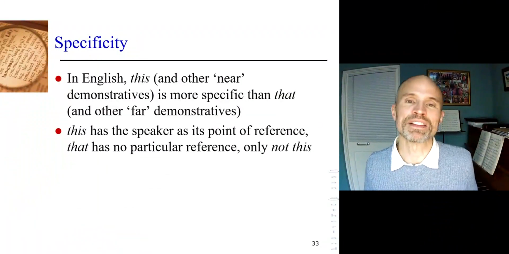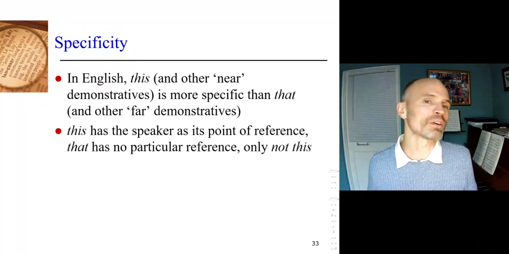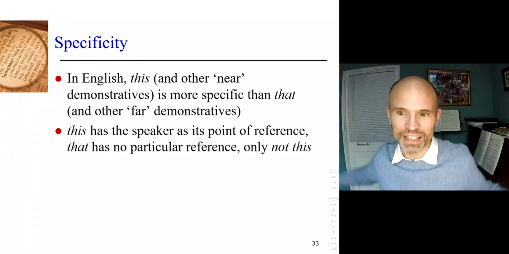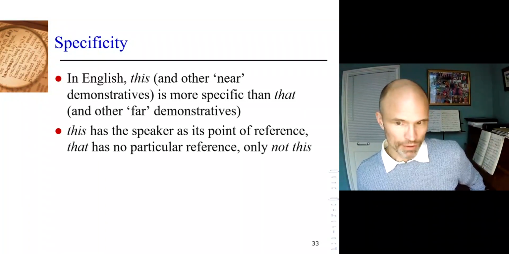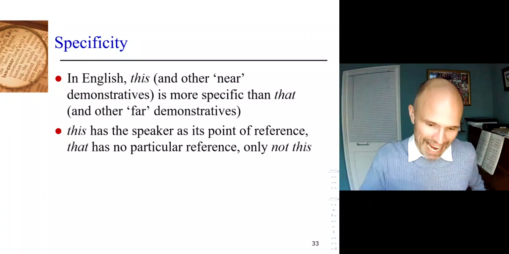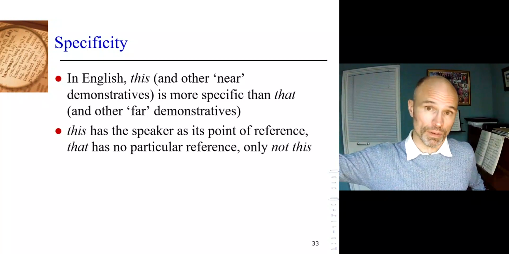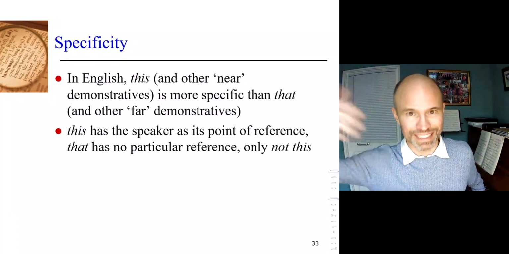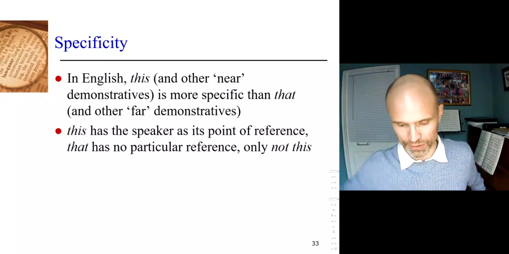So in other words, we can say that this is more specific because this means near me, whereas that only means not near me, but it could be anywhere else, right? And other near ones, so these, now, here, are all more specific than their counterparts that are more distant, that, and so on.